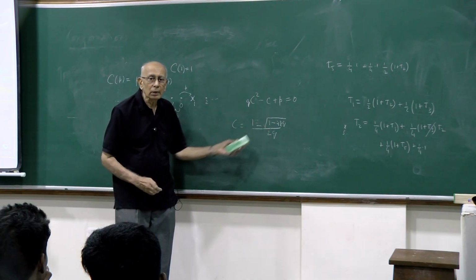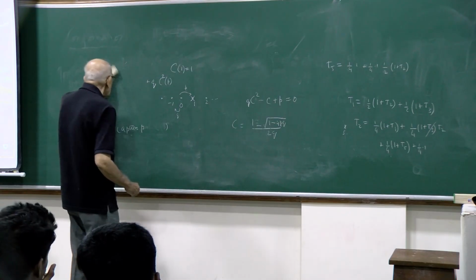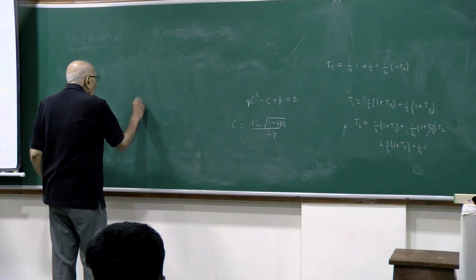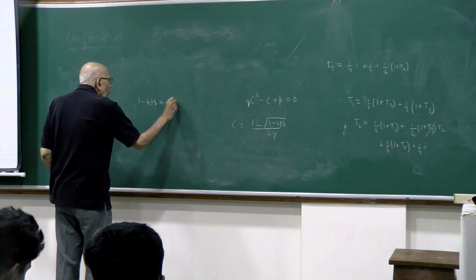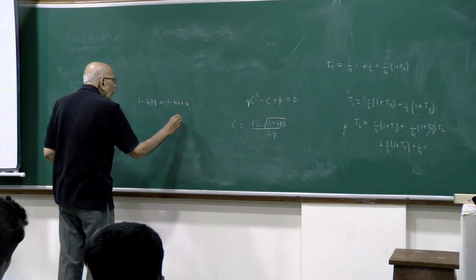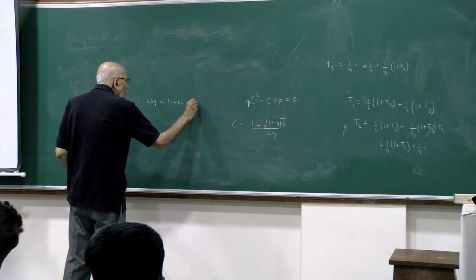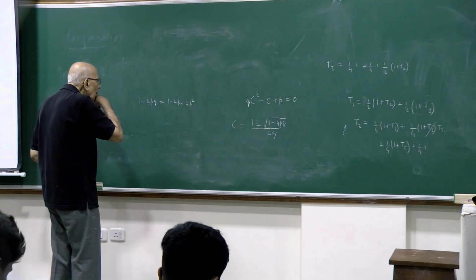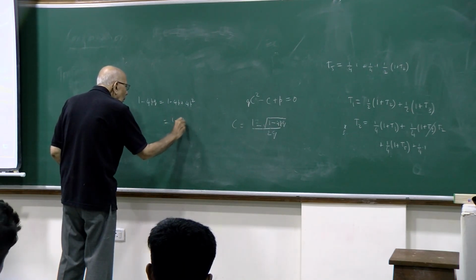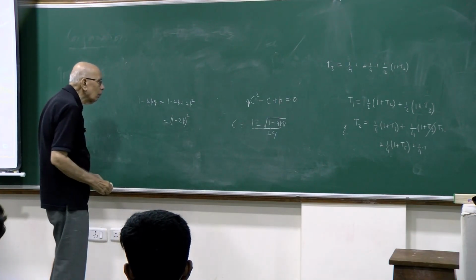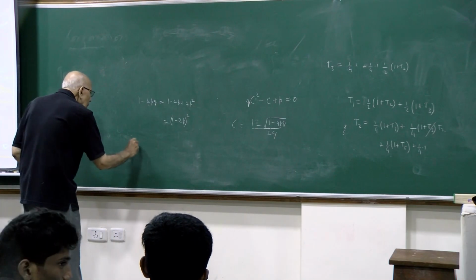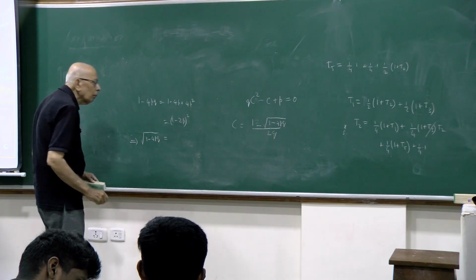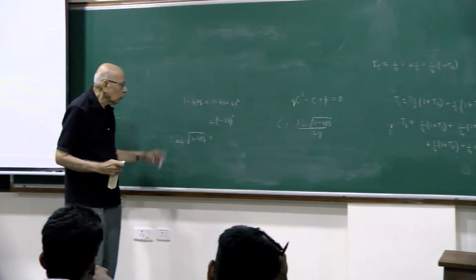Everything hinges on what the square root is. What's the square root of 1 minus 4PQ?